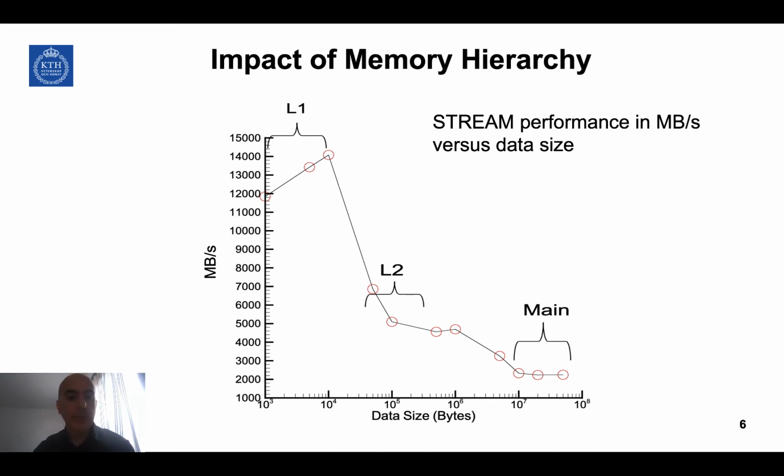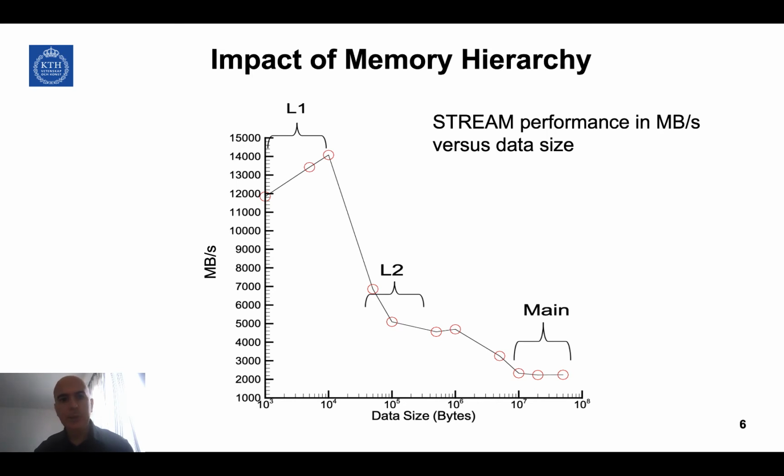The bandwidth, on the y-axis, is calculated in megabytes per second. The red dots are the values that we measured, and the lines put them all together. We can recognize some patterns in this plot.